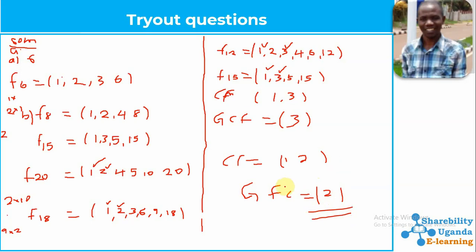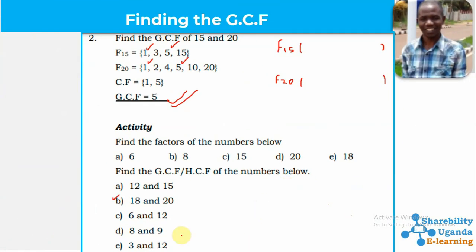So for the knowledge of this, now we can at least solve some other examples. We have 8 and 9, we have 3 and 12. So we can now solve the greatest common factor and also find out the common factors in given numbers.